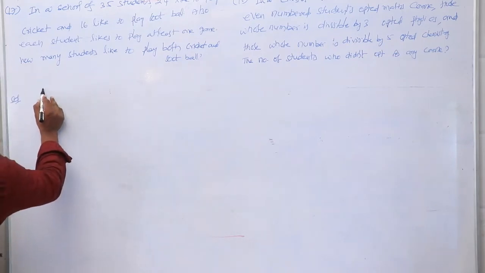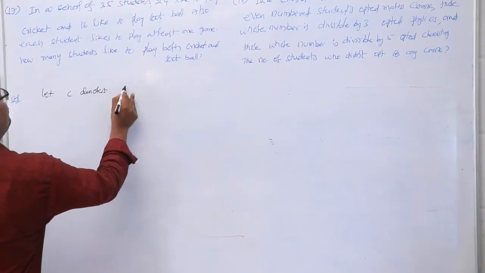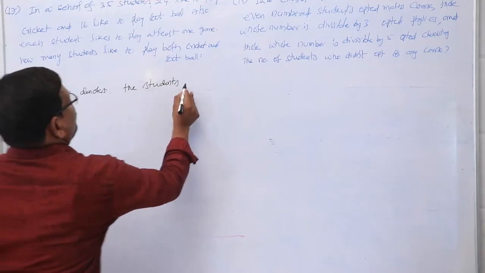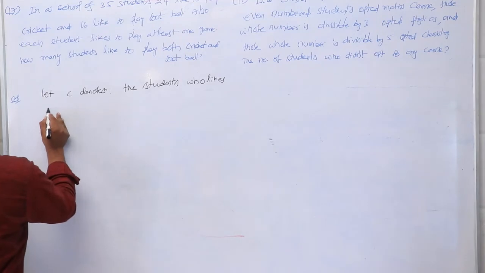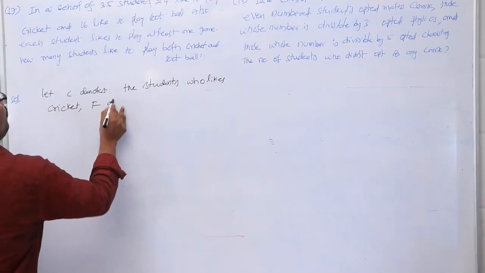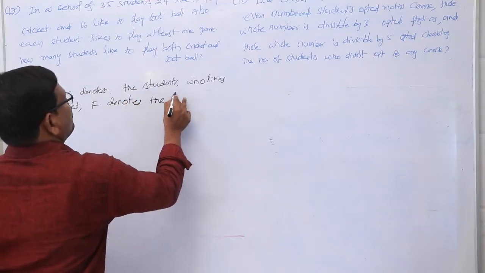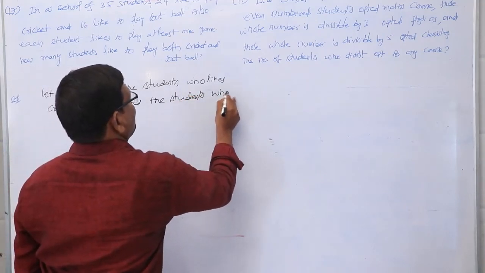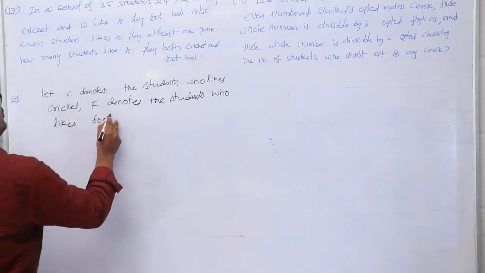Let C denote the students who like cricket, comma, F denotes the students who like football.